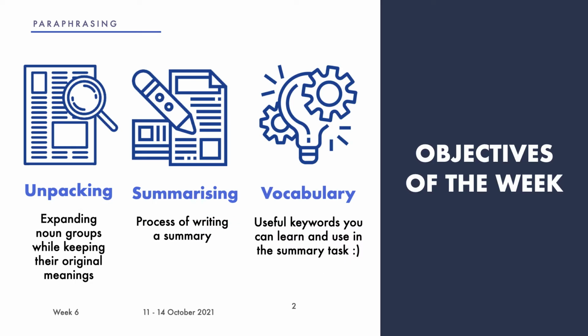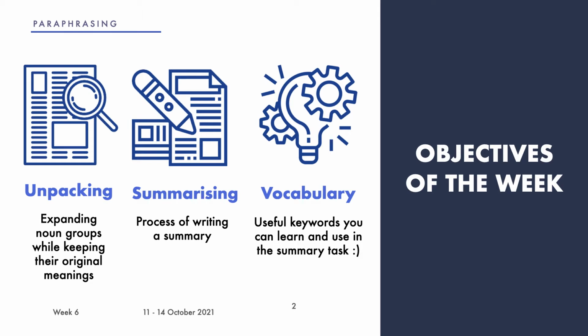So these are the objectives of the week. As I've just said, we're going to learn how to unpack, or in other terms, expand the noun groups while keeping the original meanings. We are also looking at how we are going to do the summary.